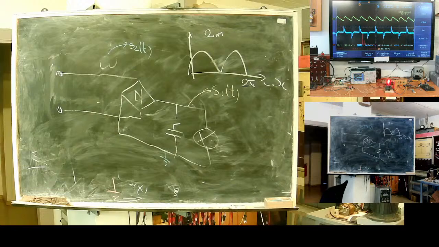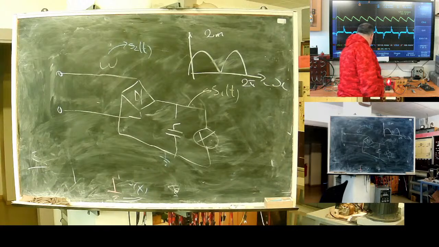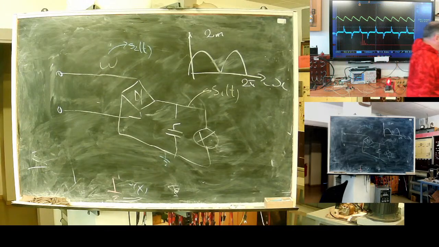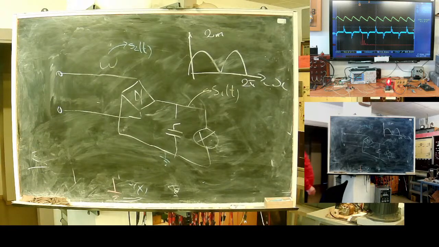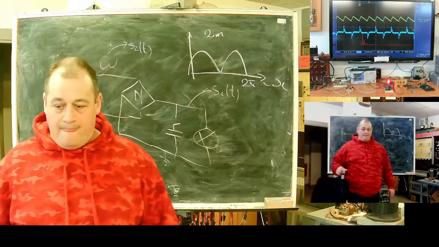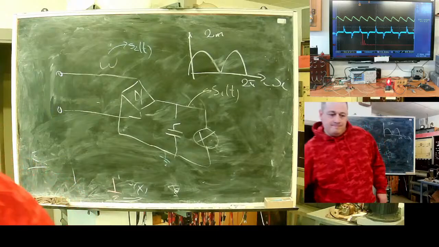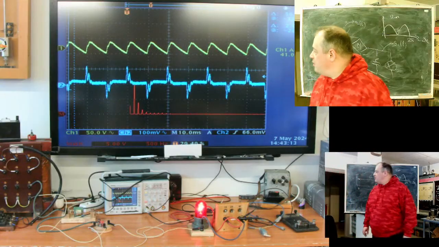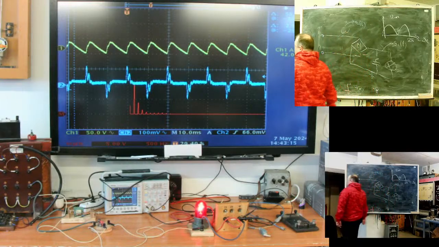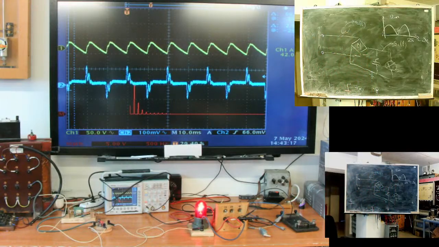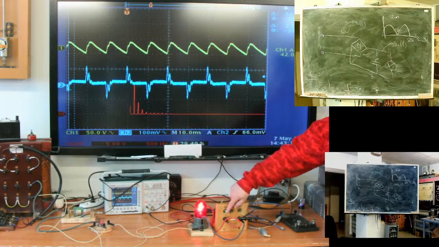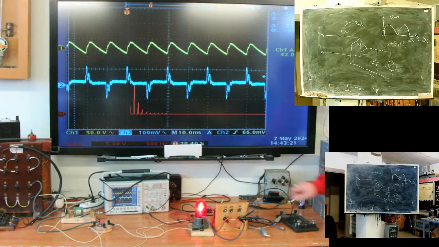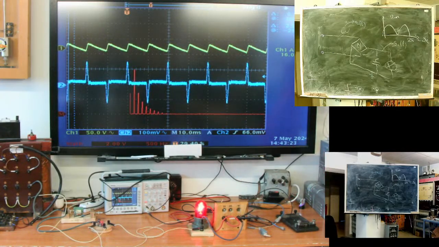I have added 20 microfarads of filter. What about electronics books now? What's going on and why? This is the secondary voltage with a small 20 microfarad filter. I can add 4. This one is 4.